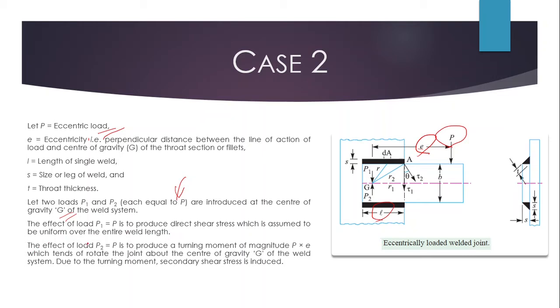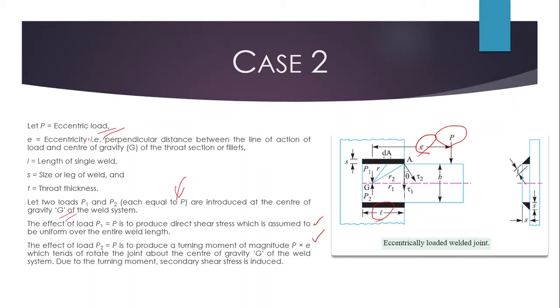Then the effect of load P2, equal to P, is to produce a turning moment of magnitude P into E, which tends to rotate the joint about the center of gravity.